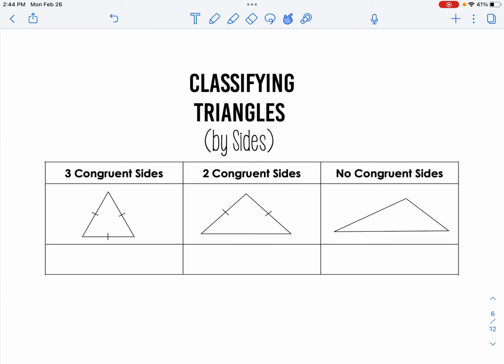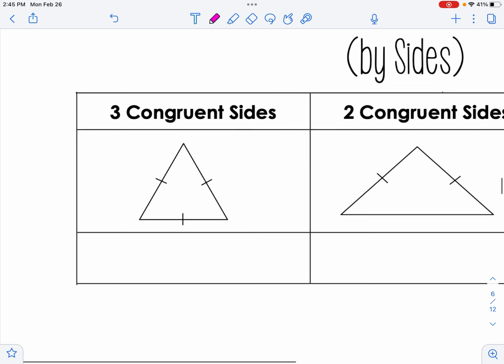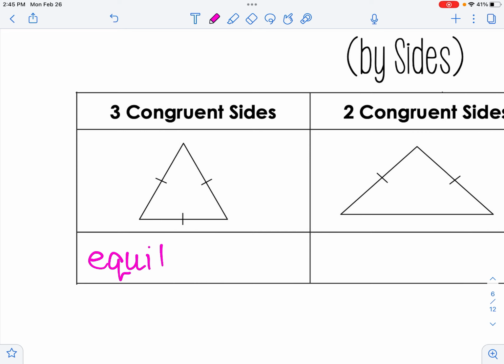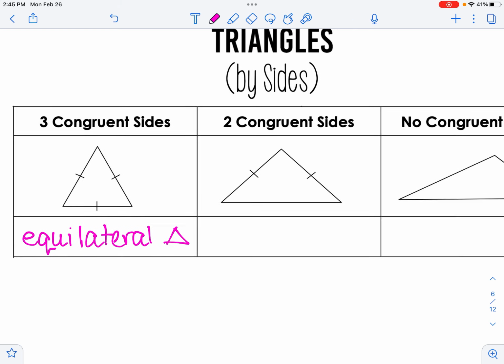We can also classify triangles by their sides. So here are the 3 ways to do that. If they have 3 congruent sides, all sides are the same, then we say it's an equilateral triangle. Okay.